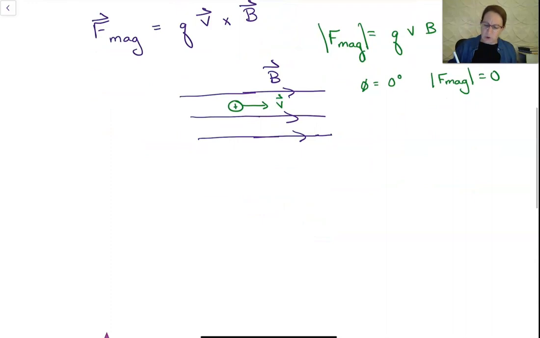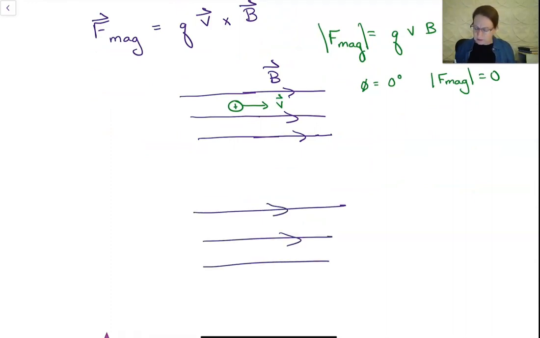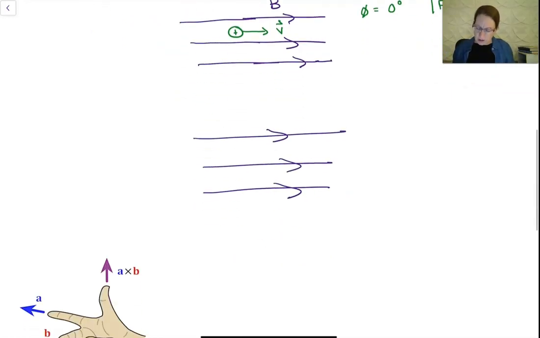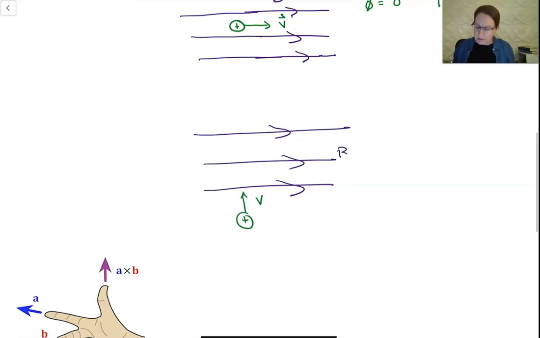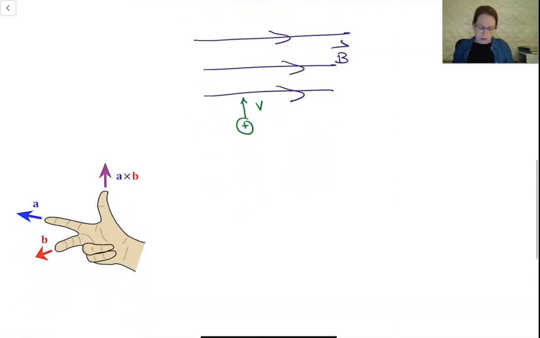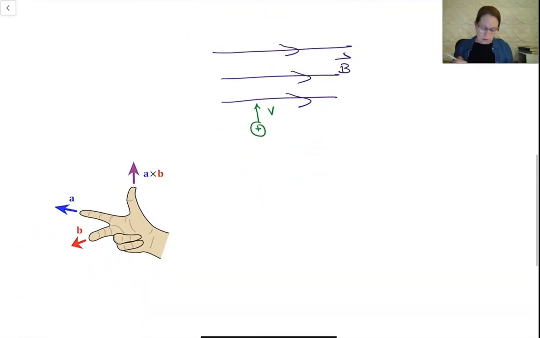Okay? So if we set up our magnetic field like this, and we have our charged particle going like this, here's our V, here's our B. If we come down here and use this right-hand rule, okay, so if you remember, this has to be your right hand.